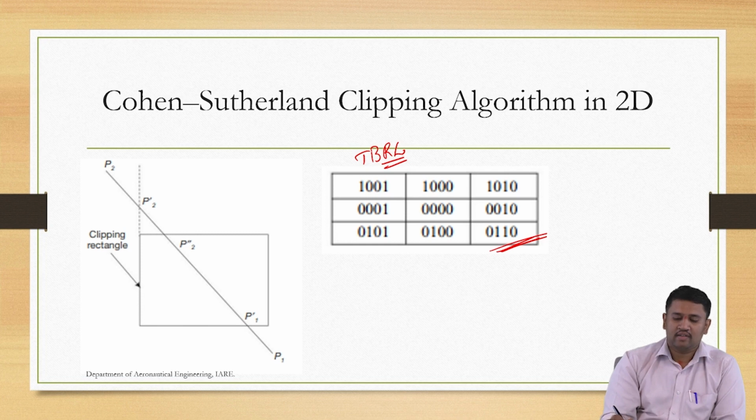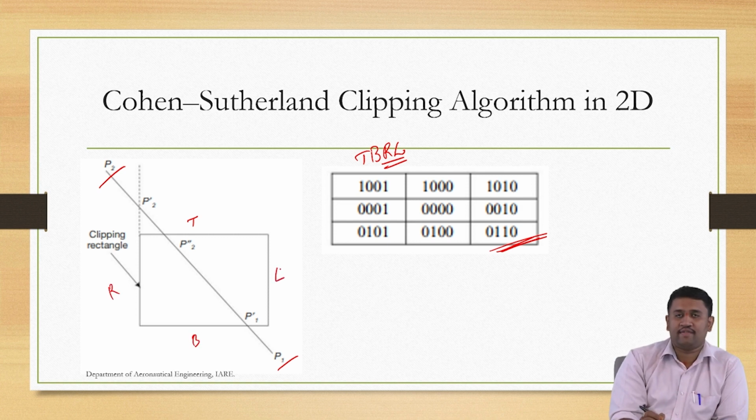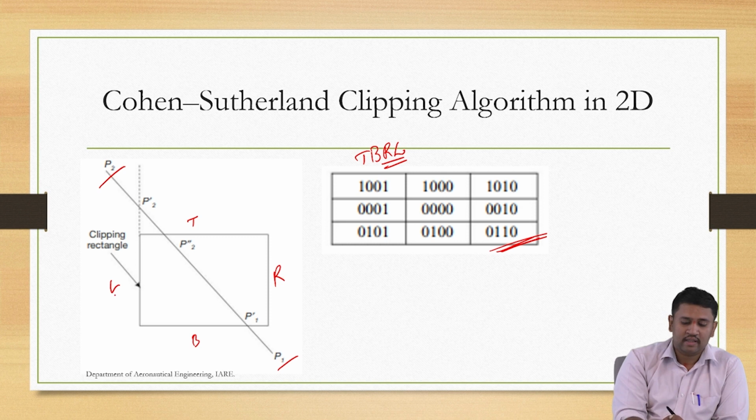Now, if you're considering point to point from P1 to P2, what happens? On the top, bottom, right, left. So this is vice versa. This is left, right. Now, as you can see, both left and right are clear, right? Whereas not the top and bottom.